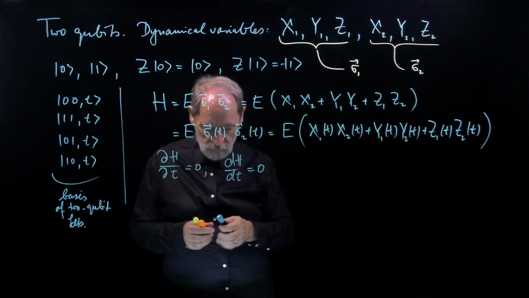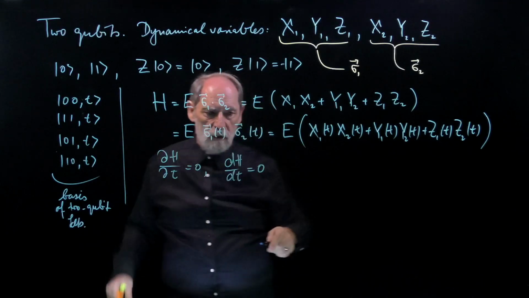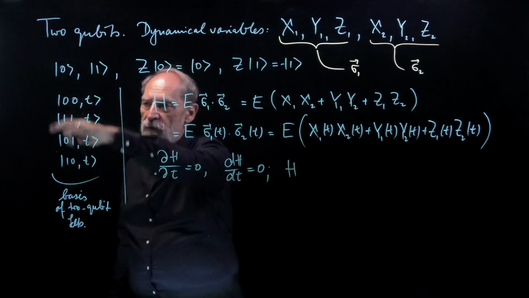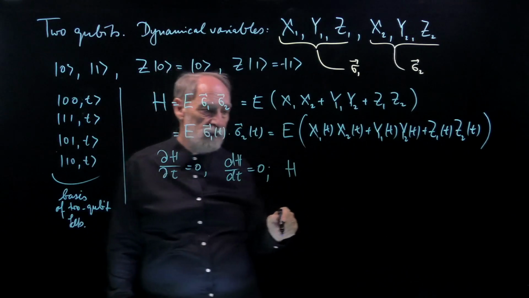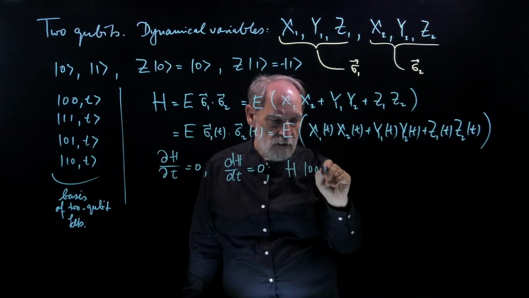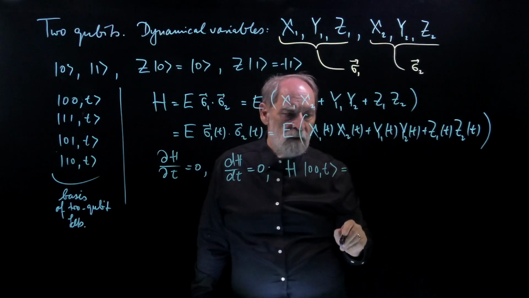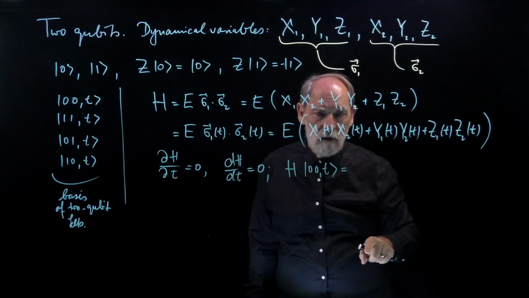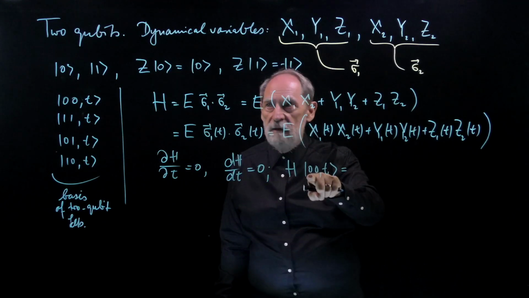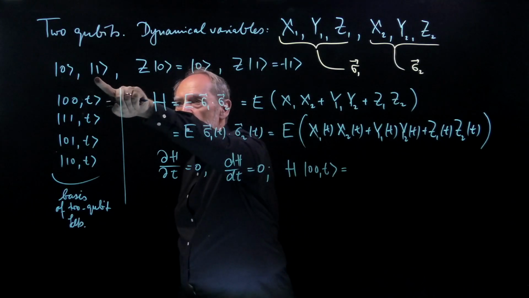So now let's see what happens when we apply this Hamilton operator to one of those states that we have chosen to be in the basis. So what happens when I apply it to the 0, 0 state? Okay, so the x1 converts the 0 state into the 1 state.